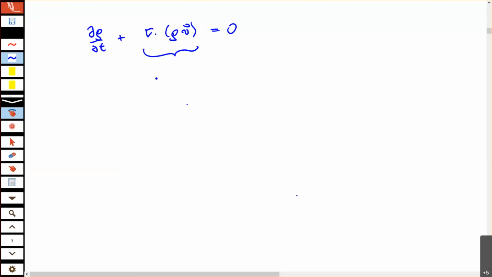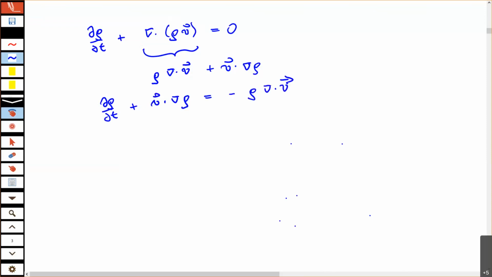So that gives you a first term, which is density times divergence of velocity, plus velocity dot product gradient of the density, which means we can rewrite it in this form: the time derivative of the density plus this convective part is equal to minus the density times the divergence of the velocity.